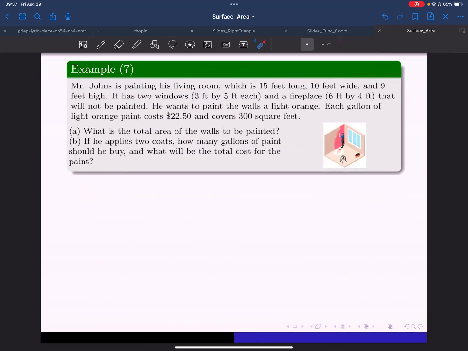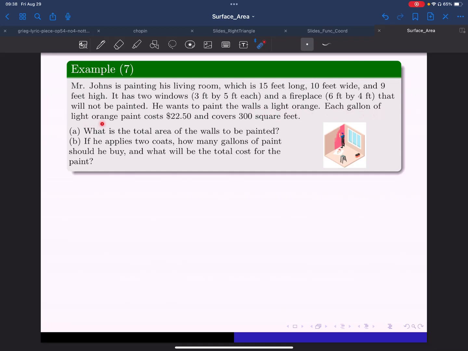Example 7. Mr. Jones is painting his living room, which is 15 feet long, 10 feet wide, and 9 feet high. It has 2 windows, 3 by 5 each, and a fireplace 6 by 4 that will not be painted. He wants to paint the walls light orange.